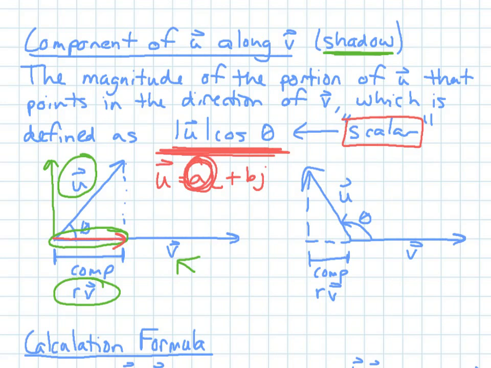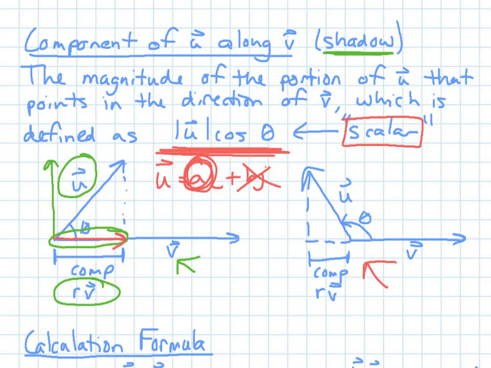We don't care about the b value, but it's a scalar because it's just a number attached to i, but it's just the a, no i. So it's not a vector, and it can be in any direction, which is what this picture over here is trying to show. So it could be in the opposite direction, depending on what your theta is.